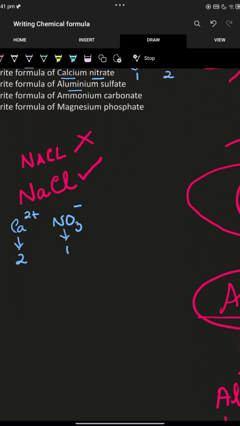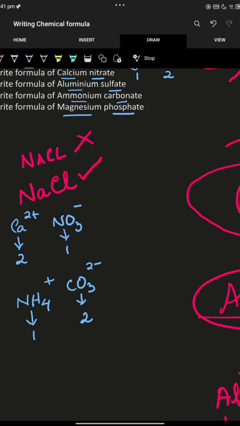Aluminium sulfate, I have shown you this. Ammonium carbonate, over here also I think I have told you. Ammonium is what? NH4 plus. Carbonate is what? CO3 2 minus is carbonate. So ammonium has a valency 1. Carbonate has a valency 2. So you can find out the formula.